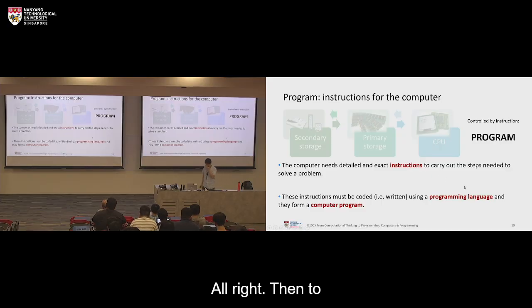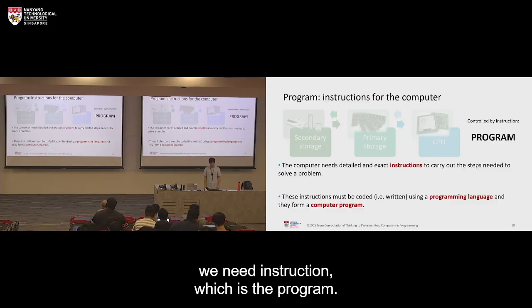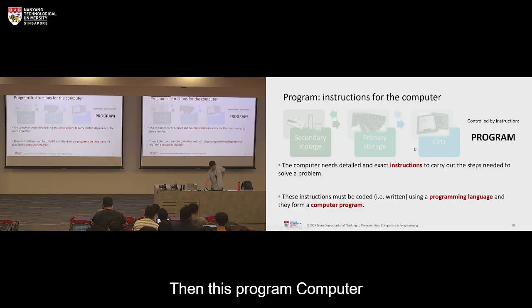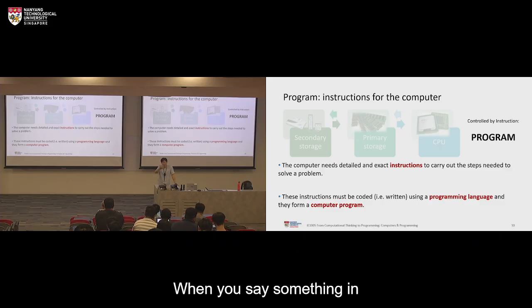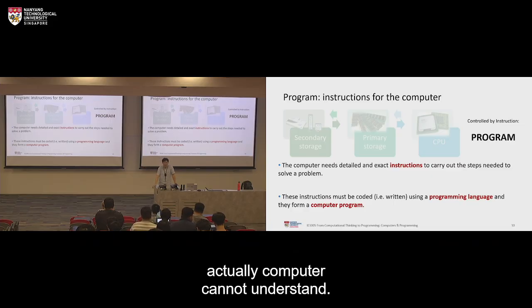All right, then to control these components and the flow of the data, we need an instruction, which is the program. The computer needs to understand this program, right? When you say something in your human natural language, the computer actually cannot understand.